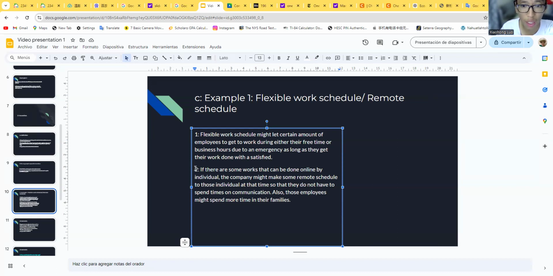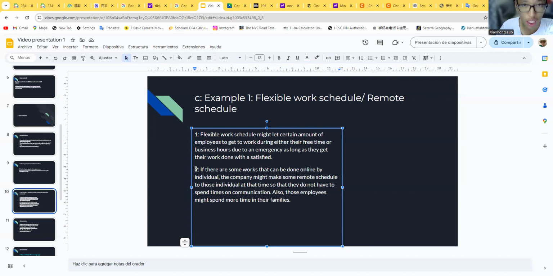A remote schedule means that if there are some works that can be done online or by the individual, the company might be able to make a remote schedule for those individuals, so that they don't have to wake up at maybe 6 or 7, catch the bus, and then go to the company or the office building for an hour by bus. It actually saves time for those employees.